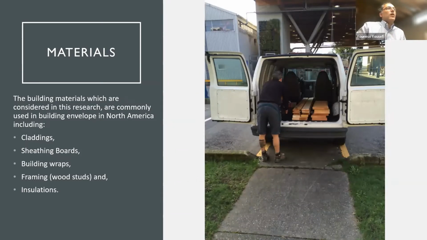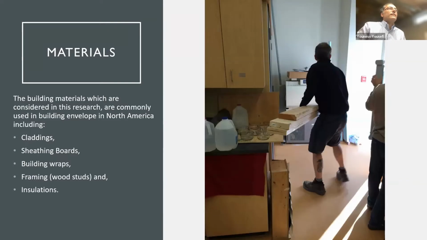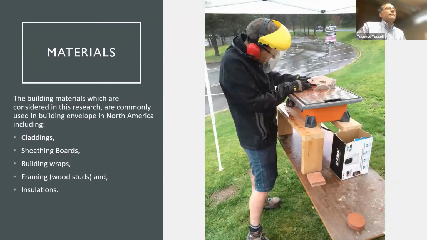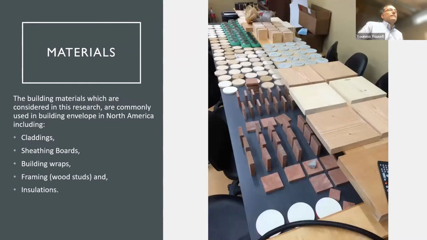So we started buying them, of course, and transported them to the lab and started cutting based on the nature of the test that we had according to the ASTM standard available, and let them dry and be conditioned in a lab environment.